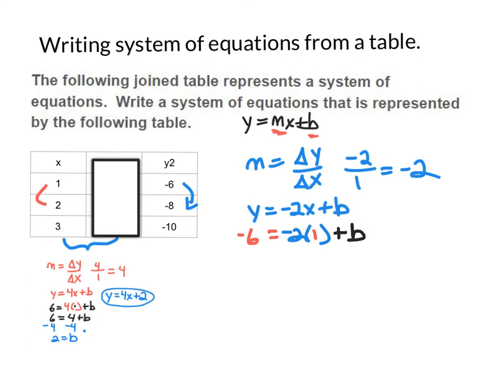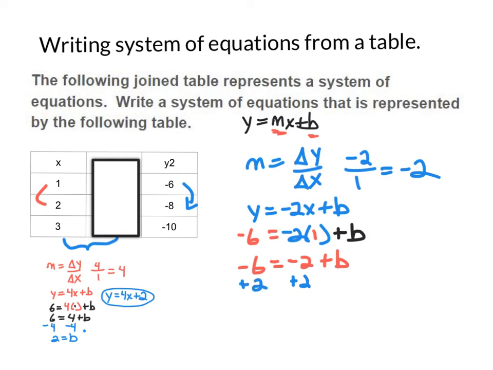Now we just need to go ahead and solve this. This is -6 equals -2 plus b. We are trying to solve for b, so we need to isolate it. So the inverse of subtracting 2 would be to add 2 to both sides. We add 2 to this side to cancel it, and we add 2 over here.